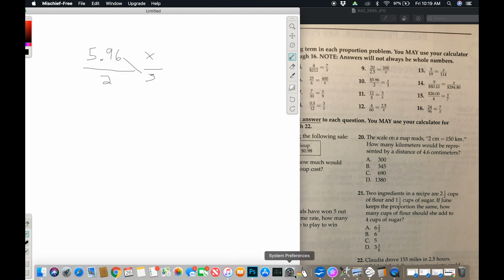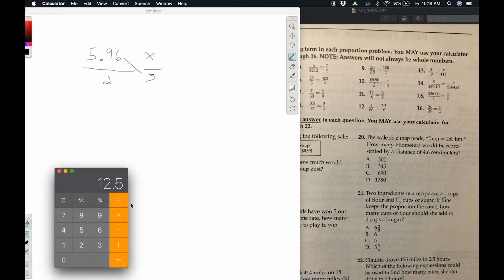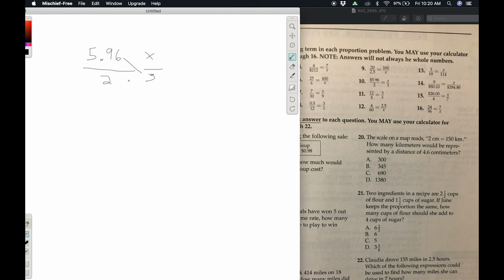Okay, so where's our trusty calculator? 3 times 5.96 equals 1788. Okay, now we need to divide 1788 by 2.